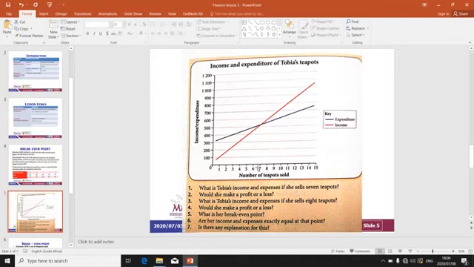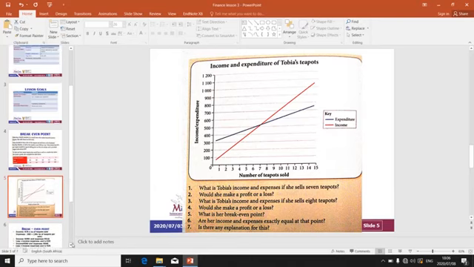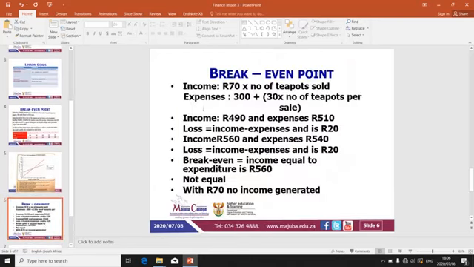Here are the 7 pots. You start from the x-axis and move up. You see the income and expenditure. Remember, the income is 70 times the number, so 70 times 7 is 490.